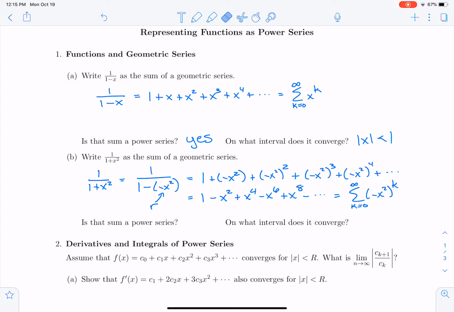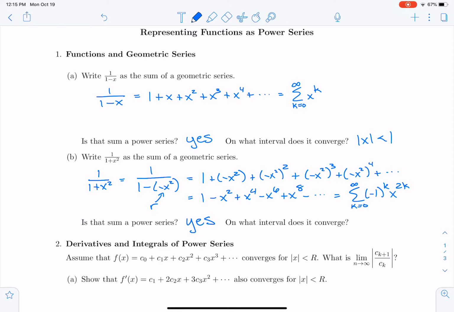But I can simplify negative x squared to the k power. That, in fact, is negative 1 to the k, x to the 2k. And so this is indeed a power series. Its coefficients are negative 1 to the k when the power is even, and its coefficients are 0 when the power is odd.